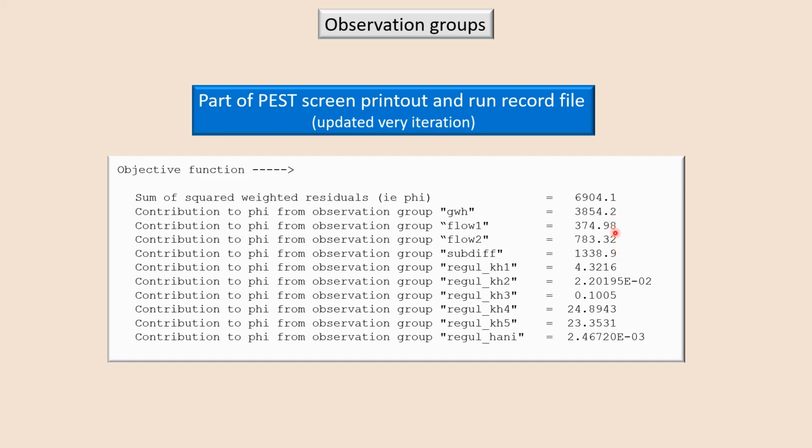These are measurement observation groups. These comprise the measurement objective function, because this is an example of where we're running PEST in regularization mode. Here are the contributions made to the total objective function by regularization observation and prior information groups.